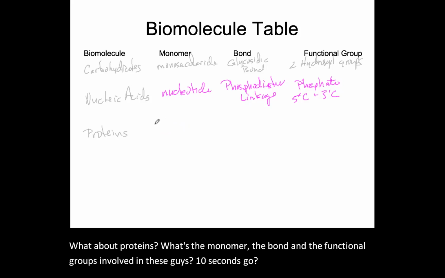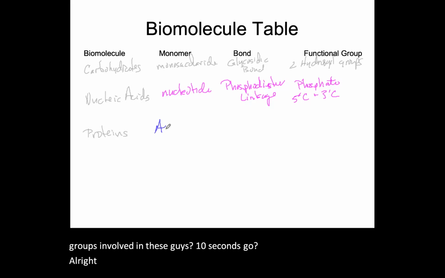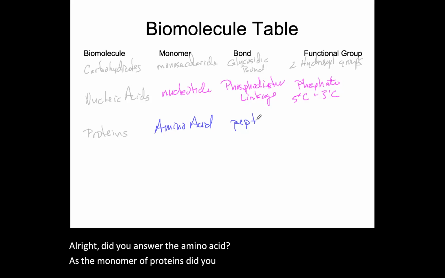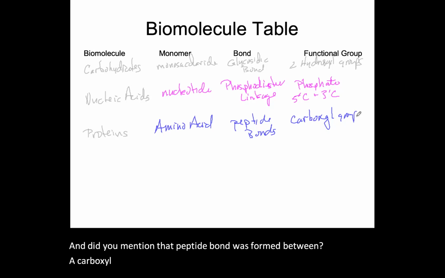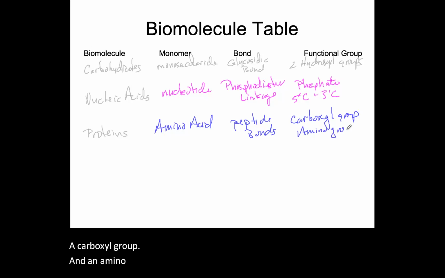All right, did you answer the amino acid as the monomer of proteins? Did you mention peptide bonds as being the bond type? And did you mention that the peptide bond was formed between a carboxyl group and an amino group?